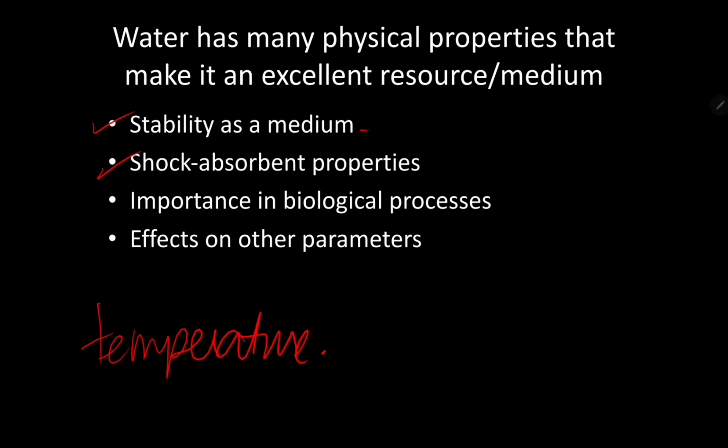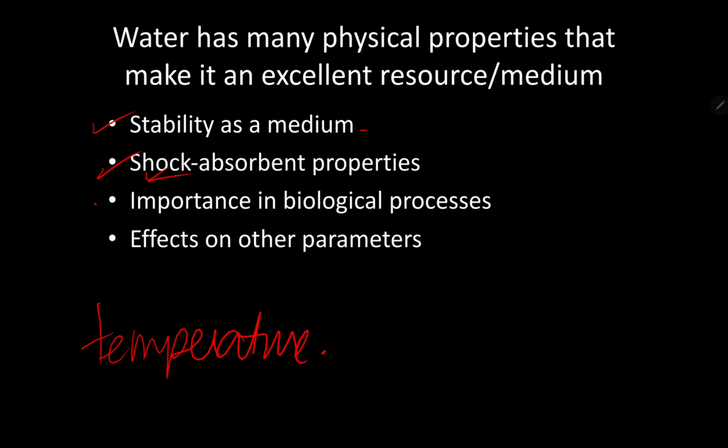Organisms that are submerged in water are less prone to damage from the environment. And this is also one of the reasons why when humans are pregnant, they have a baby inside, and the baby is surrounded by a liquid medium. This is precisely because of the shock absorbent properties of water. So organisms that are immersed, like aquatic organisms, thoroughly enjoy this property of water.